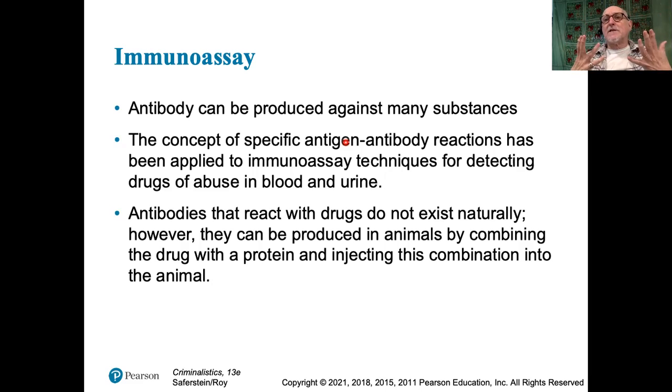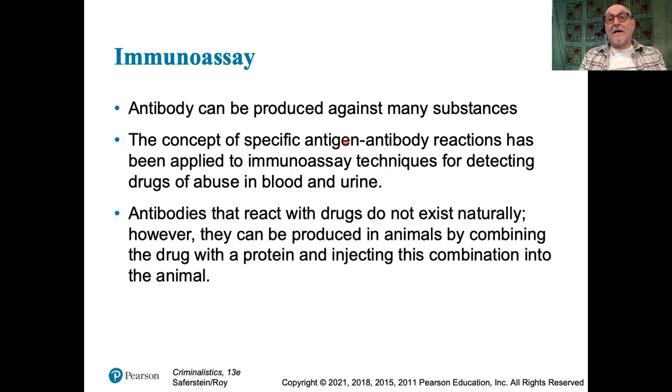This is much the same. We're going to introduce a substance and see if antibody sticks to it sufficiently that it will actually precipitate out. We'll see it come out of solution as a precipitation. There are various other tricks that we can use as you'll hear, but that is the basic principle. Somewhere along the line, we're going to be testing for the binding of antibody to an antigen.